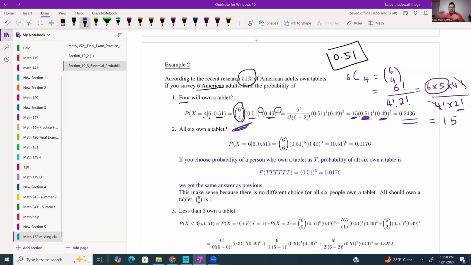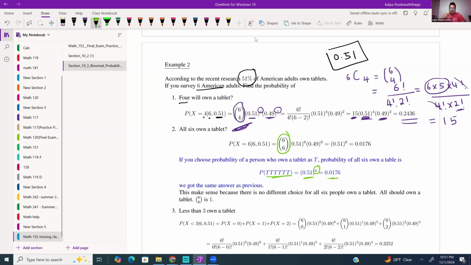What is the probability all people own a tablet? If I select 6 people, everybody owning a tablet means all 6 people own a tablet. The probability of all 6 people owning a tablet is 0.51 to the power 6, because you have to select 6 people out of 6, as I need everybody to own a tablet.